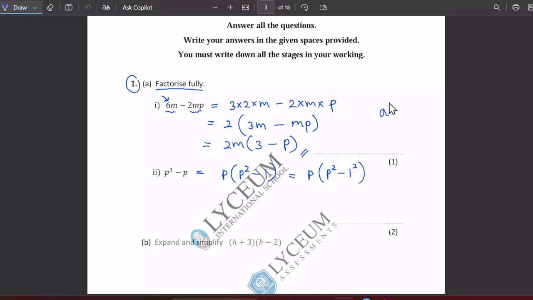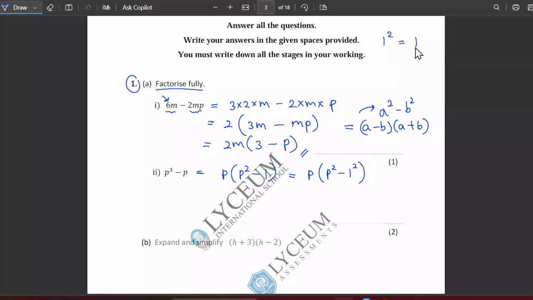Okay. You know that if we see something like a squared minus b squared, we can write this into two factors like this. So if we multiply these two, we will get this. So if we see something like this, always we can put 1 squared, no?